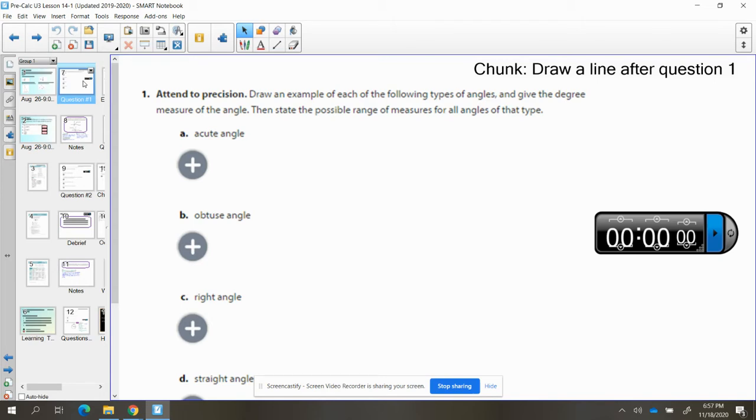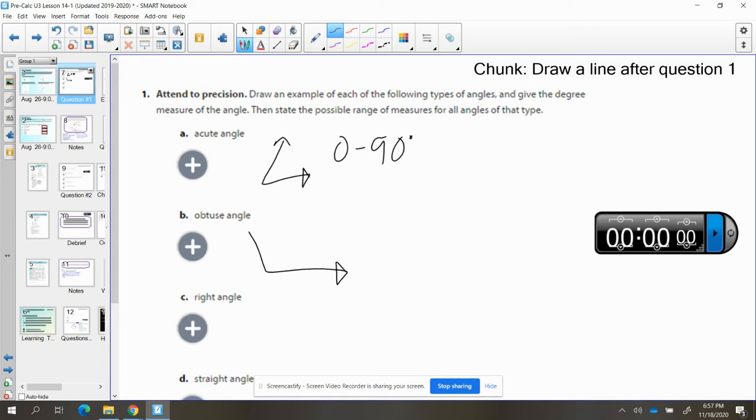If you look here on that first page, we have a little bit of a review of geometry, which is going to be a lot of what we do in Activity 14. So reminder, an acute angle is an angle that is between 0 and 90 degrees, but it's not going to equal 90 degrees. It's got to be less than 90.